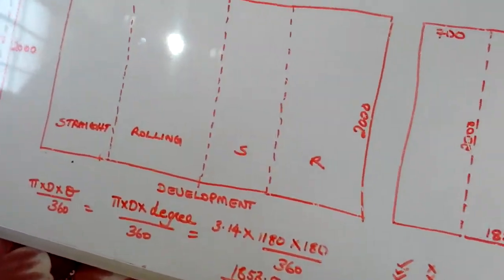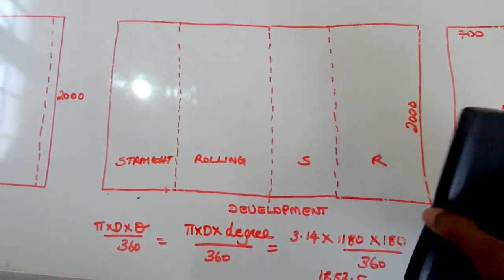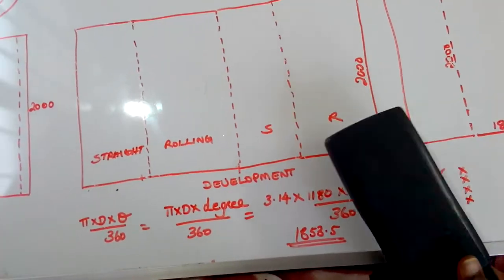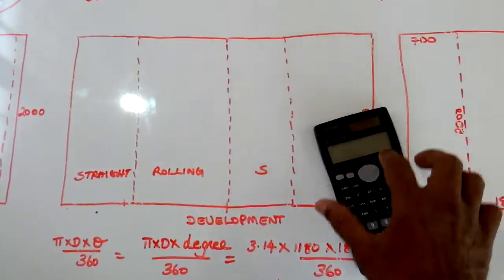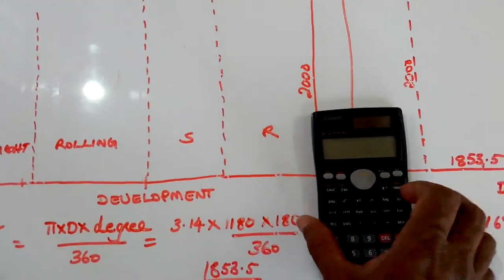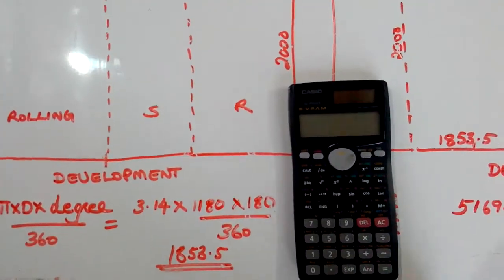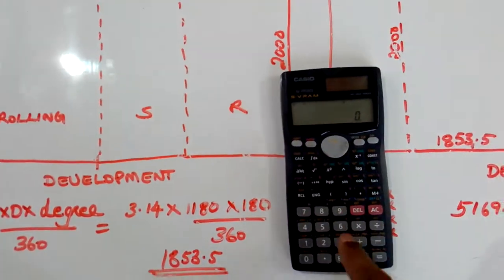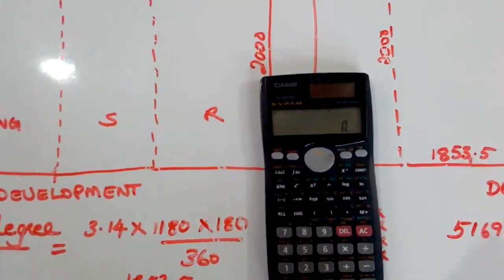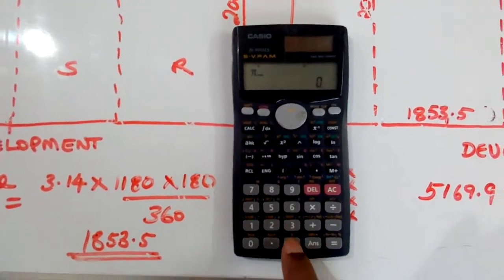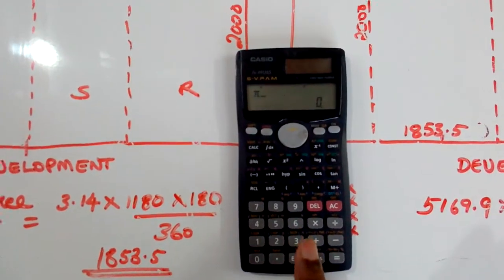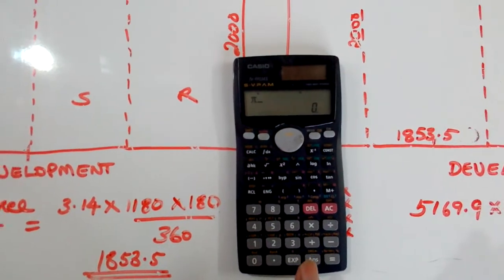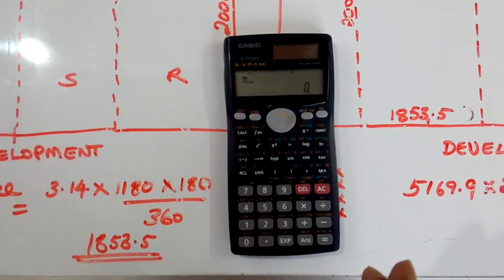We can just check using a calculator. We can use the formula pi d into degree divided by 360. Instead of typing pi, we can press shift and use the pi key, which is also the measurement of pi. Already pi has come. Then we will have more accuracy, because the value of pi is not exactly 3.14.